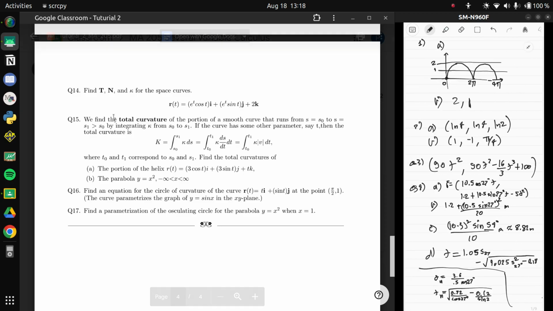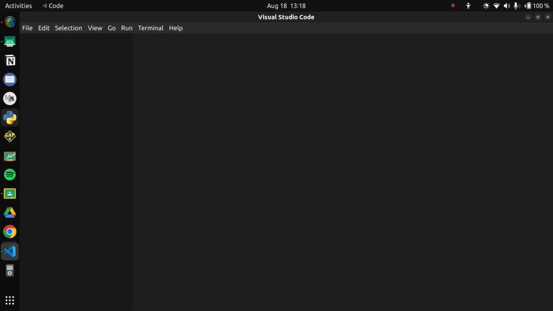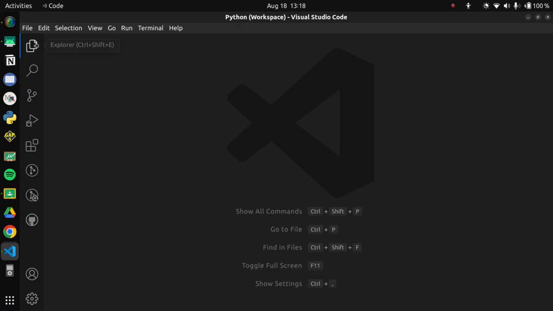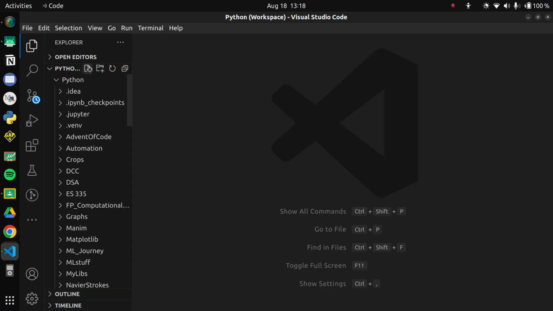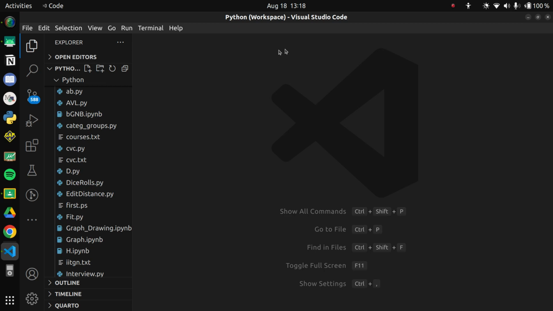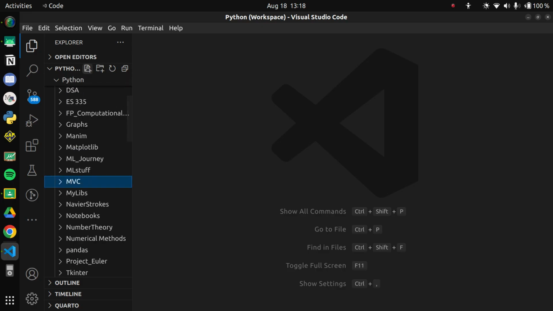Right. I'm gonna use, I guess that's okay. Yeah, some random stuff. Right. So I should make a new folder. Who knows? Yeah, I guess it's just better to make a new folder. So this will be multi-variable calculus, and this will be tutorial 2.